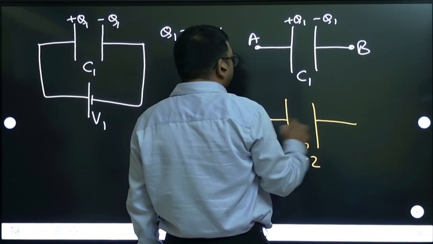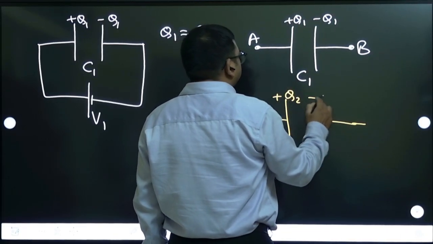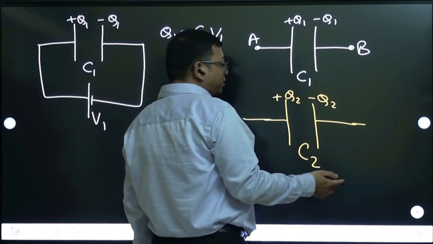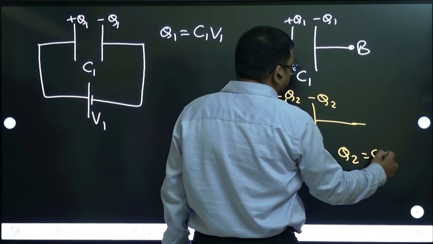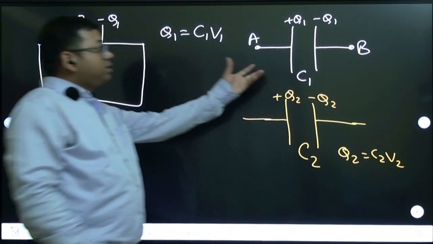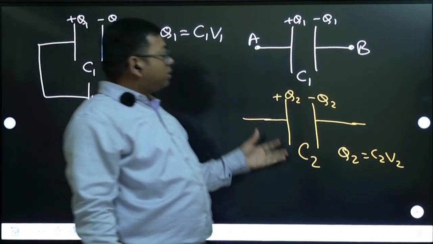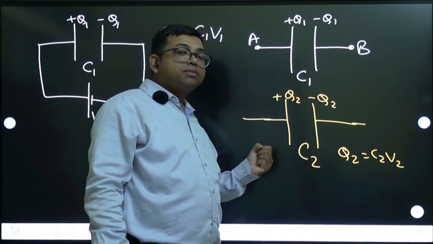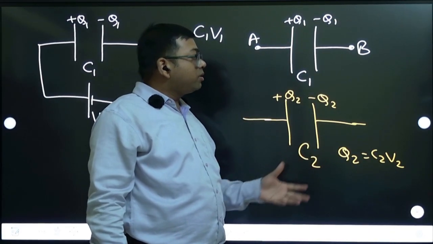Okay, and you can also consider its charge plus Q2 minus Q2. It was also charged with a battery similar to this. So this charge Q2 is equal to C2 V2, just like the first capacitor was charged with a battery and got charged C1 V1. Similarly, the second capacitor was also charged with a separate battery. It got charged Q2, which is C2 V2.